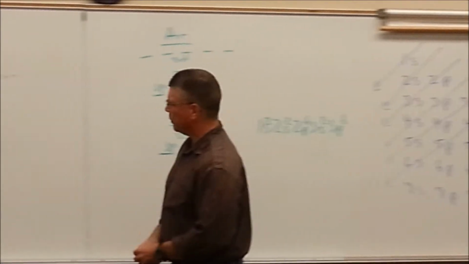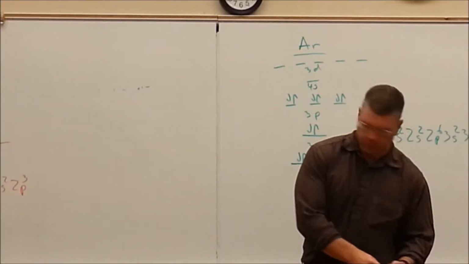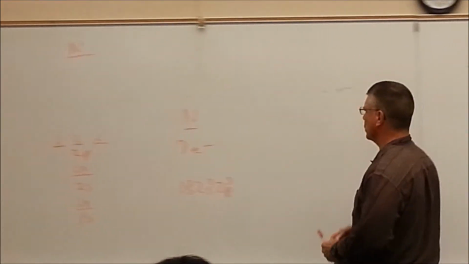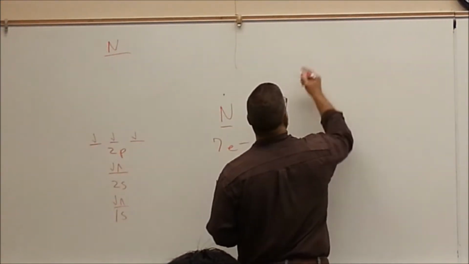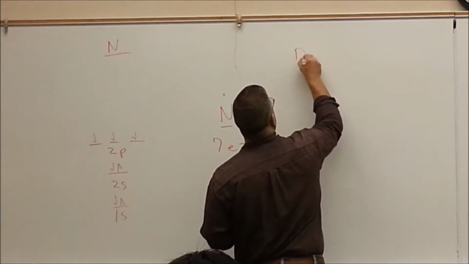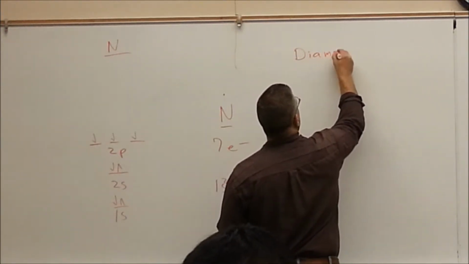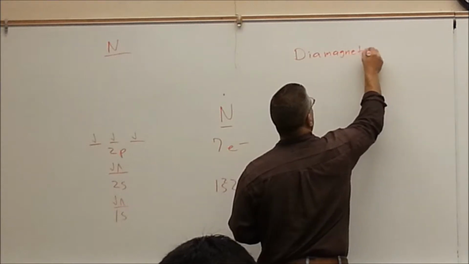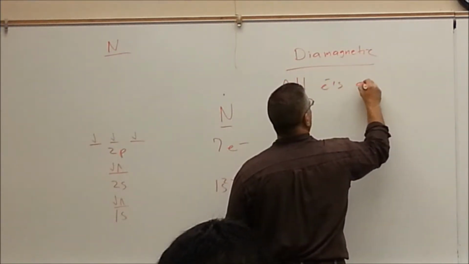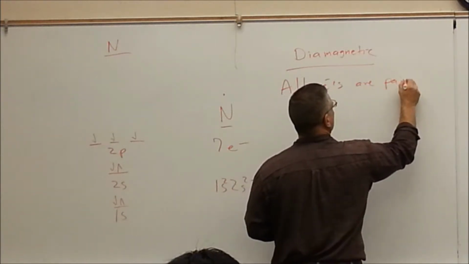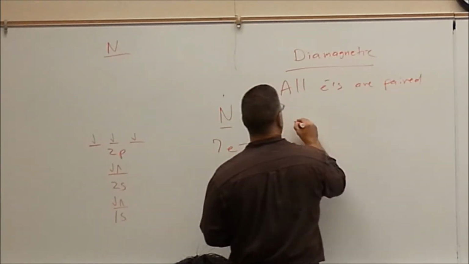If they're all paired, we call it diamagnetic. Diamagnetic means they're paired. Paramagnetic means they're single. That means they're not taken, that means you can do a lot of things to it.